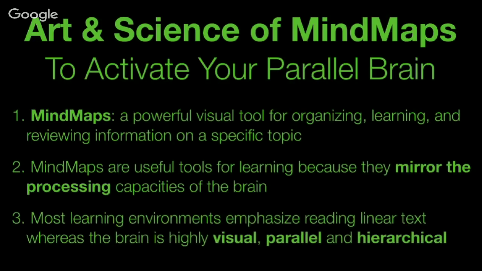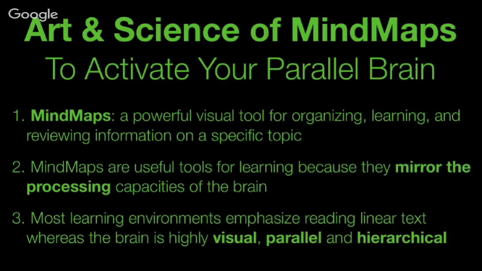Many learning environments, especially in academia, conferences, or even the workplace, tend to emphasize reading linear text, reading books, or seeing text on a screen as somebody presents in a PowerPoint or a keynote.